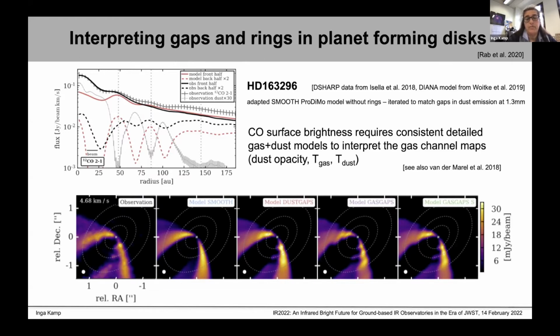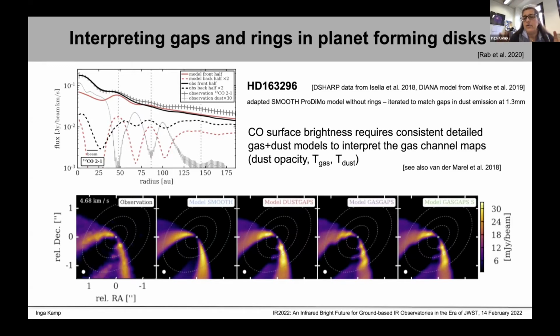On the bottom row, you see the channel maps: on the left, the observed, and on the right, different types of models where we only introduce dust gaps, or we also introduce dust plus gas gaps. You see clearly, if we deplete the gas in the same way as the dust, we would overpredict the little substructure that we see in the channel maps with respect to observations.